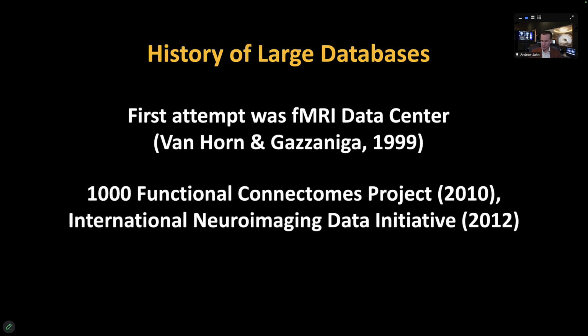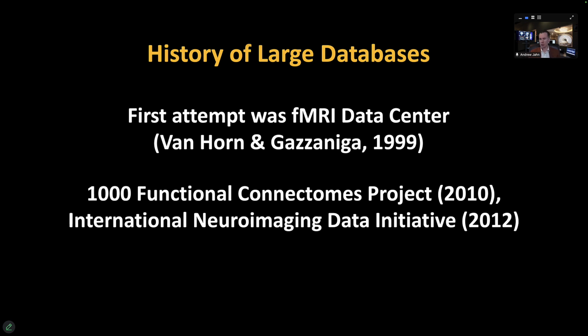But this was an important first step, and over the next decade, as some of the privacy issues also were somewhat abated, there was some standardization in how fMRI data was being stored. You see the rise of some different projects as well, such as the 1000 Functional Connectomes project in 2010 and the International Neuroimaging Data Initiative in 2012.